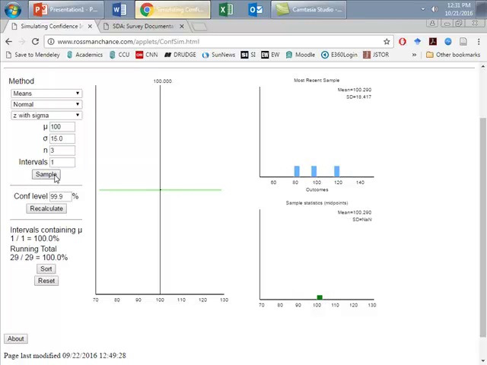Look at the size of this band around the estimate. Are there any scores that are outside of the 99.9% confidence interval? Maybe. Let me know if I ever get one.